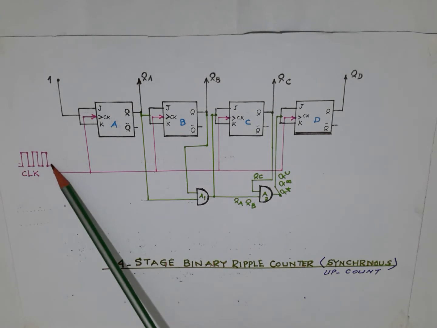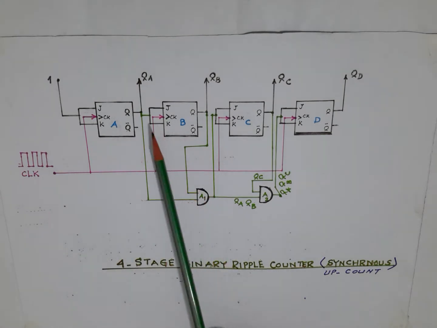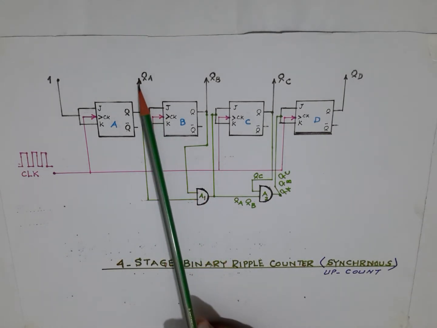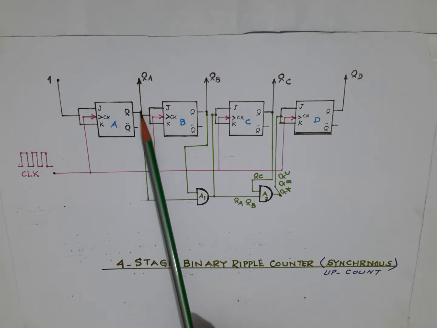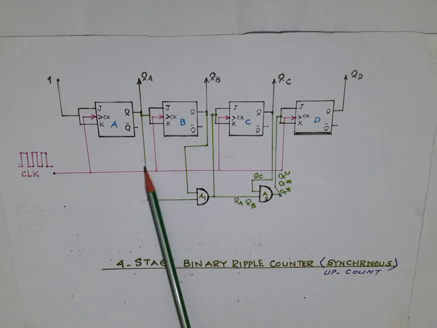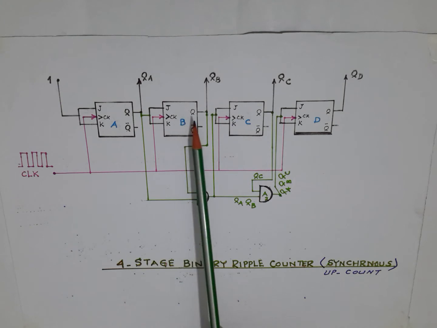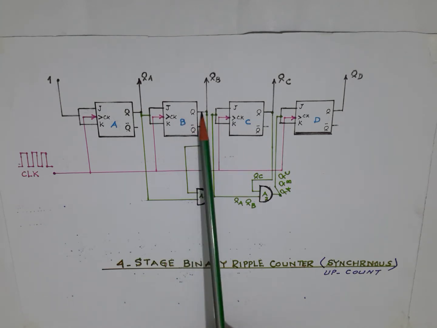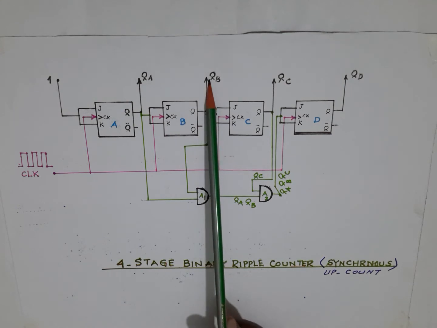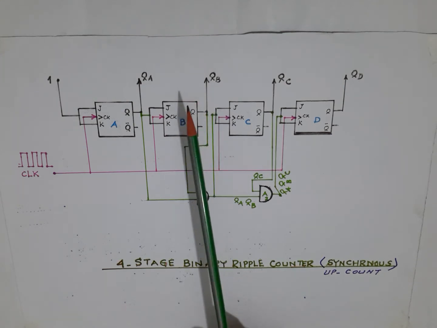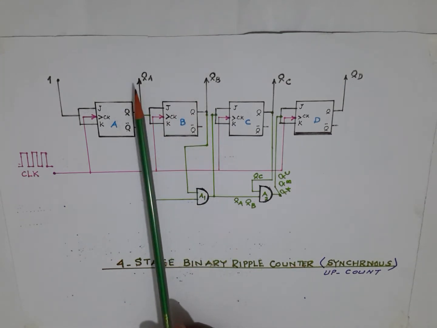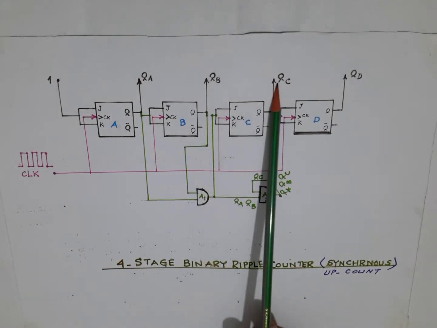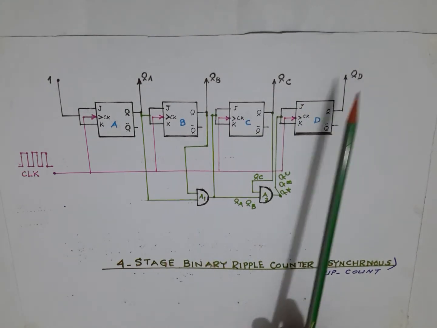Second clock pulse falling, A is going to toggle from 1 to 0, and the clock pulse is already applied to B. This time B is going to toggle and the output rises from 0 to 1, and now we have QA 0, B is 1, C 0, D 0.